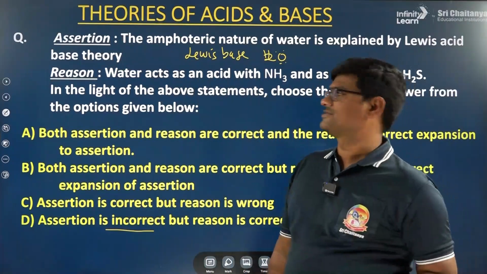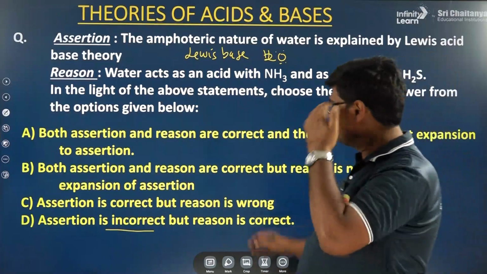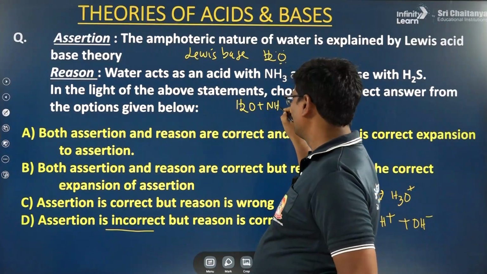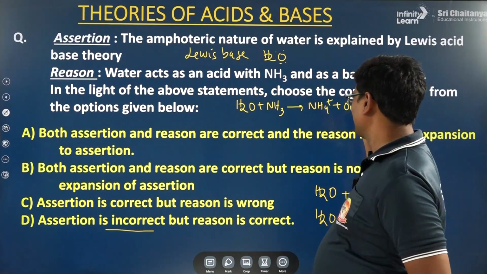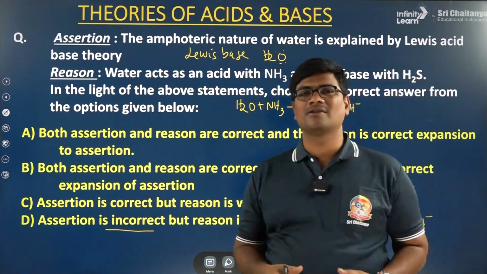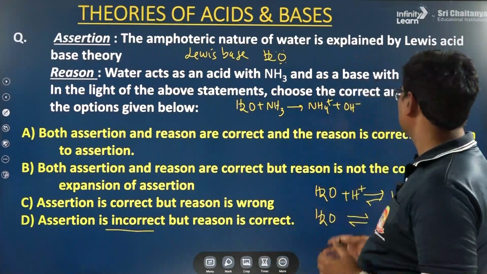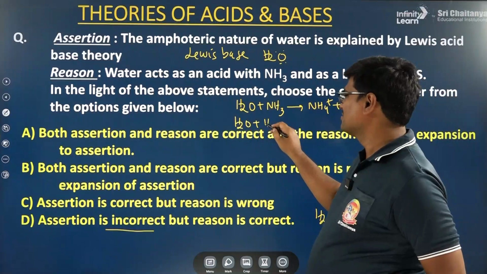Let us see the reason also. Water acts as an acid with ammonia because water is more acidic than ammonia. When water reacts with ammonia, it produces ammonium ion and OH minus ion. That means water loses a proton to ammonia. Therefore, water acts as an acid. That statement is right. And as a base with H2S, yes, water acts as a base with H2S.